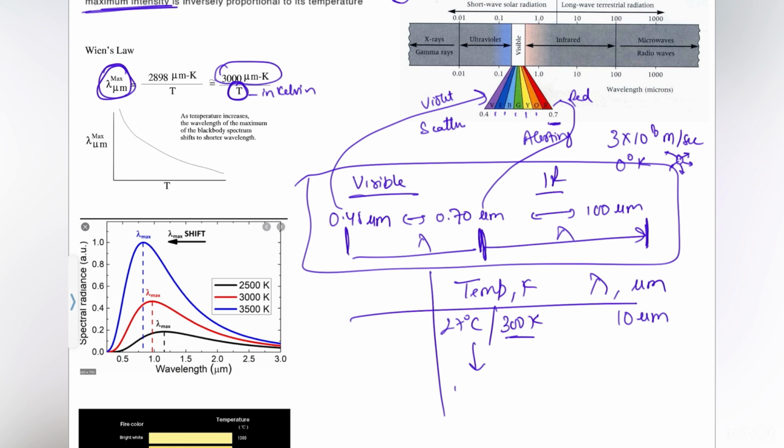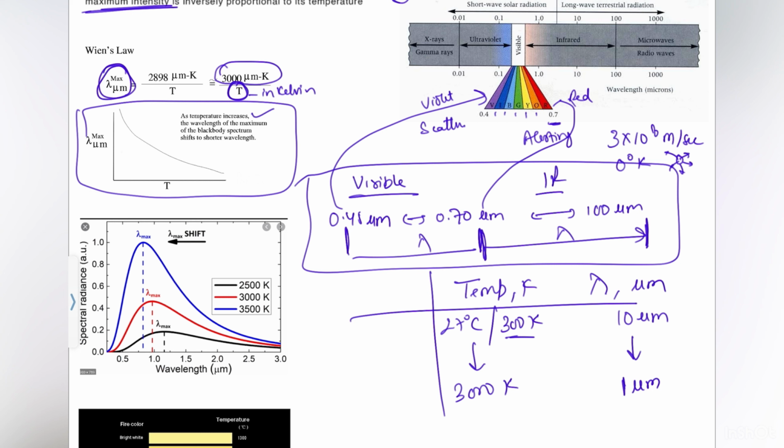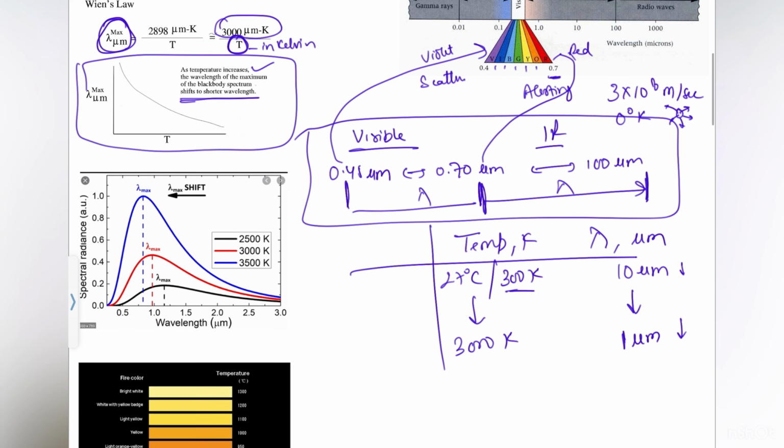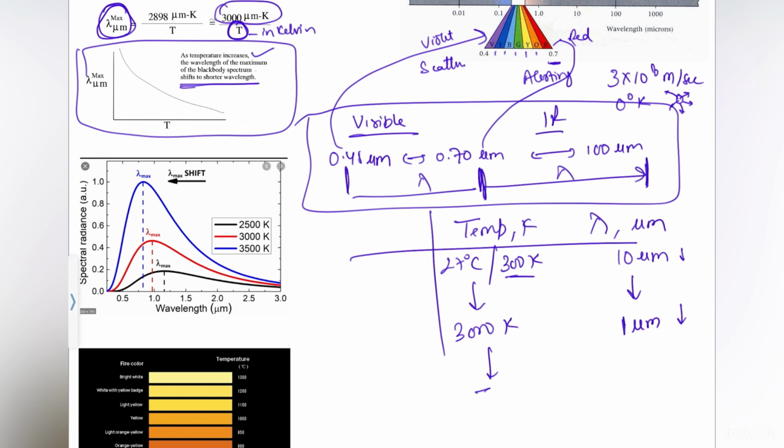If we increase the temperature to 3000 Kelvin, the wavelength comes out as 1 micrometer. This is what the curve is showing: as the temperature increases, the wavelength of the maximum of the black body spectrum shifts to shorter wavelengths, from 10 micrometer to 1 micrometer. If we further increase the temperature, the wavelength will reduce further. I hope this much is clear.